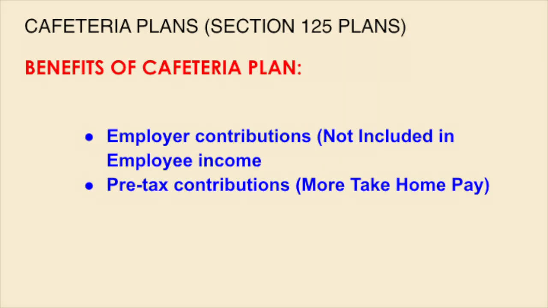Employer contributions made to purchase taxable benefits must be included in the employee's income and are subject to federal income tax withholding, Social Security, Medicare, and FUTA taxes to the same extent as if they were made outside the plan.